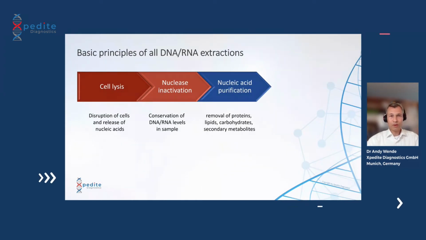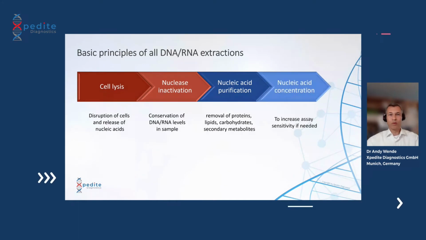The third very important step is the nucleic acid purification itself. That means you want to separate the nucleic acids from other cell components like proteins, lipids, carbohydrates, but also smaller low molecular weight compounds called secondary metabolites, so that you end up with a very pure RNA or DNA.